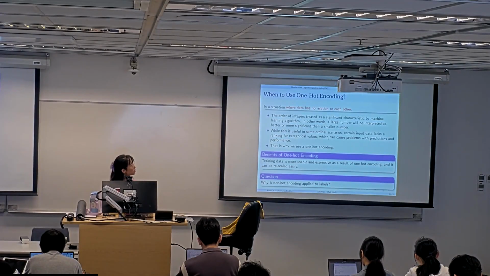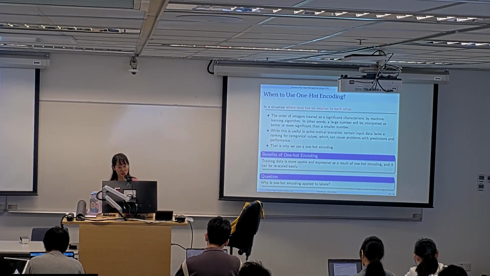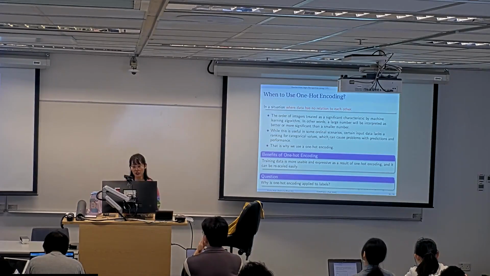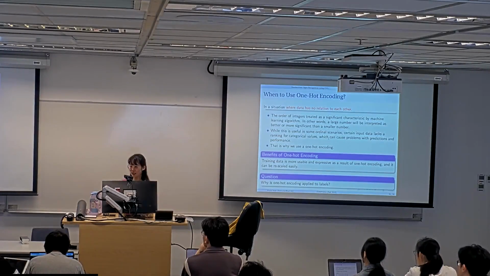Then when do we use one-hot encoding? One-hot encoding is used in situations where the data has no relation to each other. Because if we don't do one-hot encoding, then all the class labels will be arranged from 0 to the number of classes, like previously from 0 to 5.